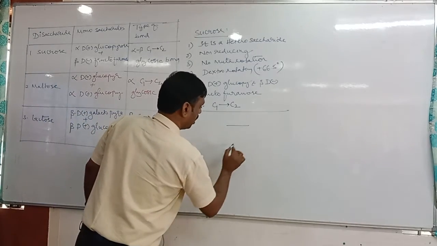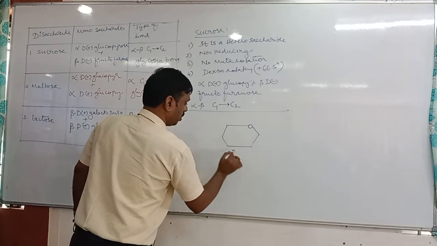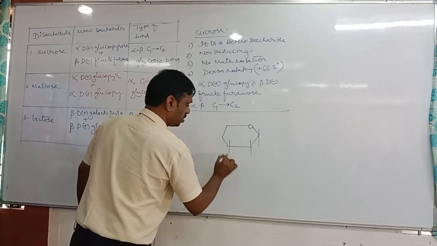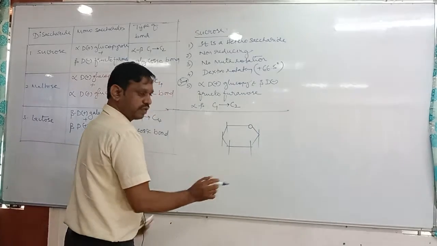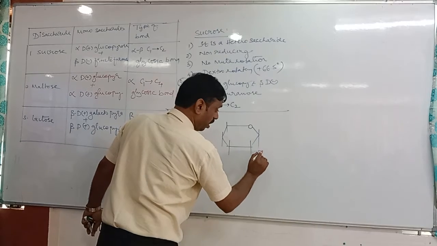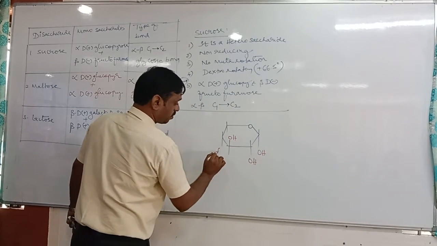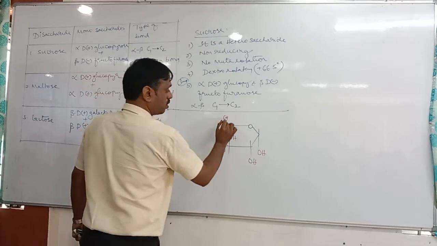Okay, I'll draw the alpha D plus. Come on, tell me. In the case of alpha D plus glucose, a 6-membered ring, tell me where the OH group should be. In the case of alpha, all are below the plane except the third carbon.